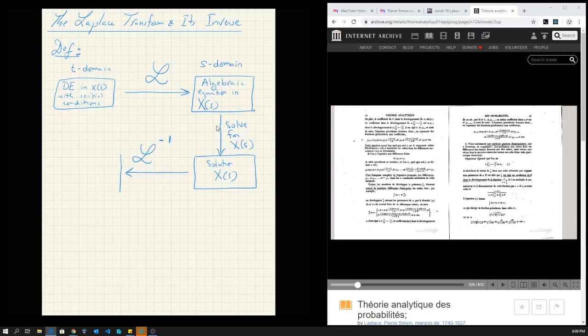Well, that's going to turn this X of s into a little x of t. So it's going to change it back to the time domain, and the capital letter becomes a little letter, and the s becomes t. So we get x of t, the solution to the IVP. So we got the solution to this.